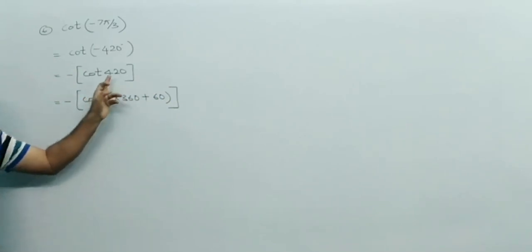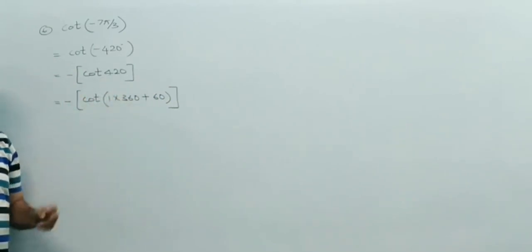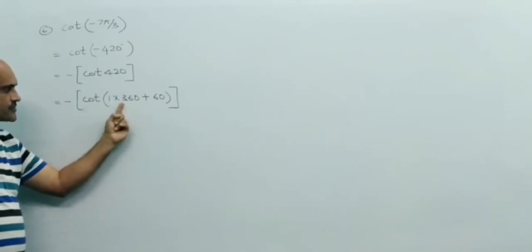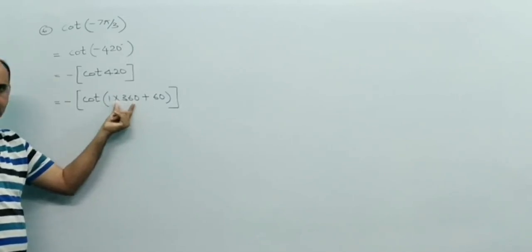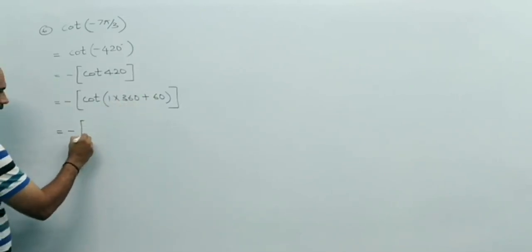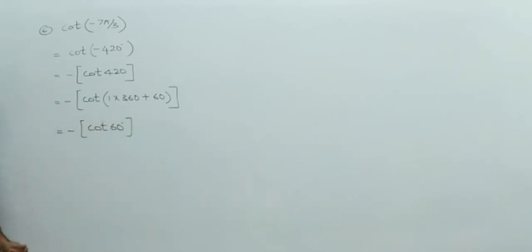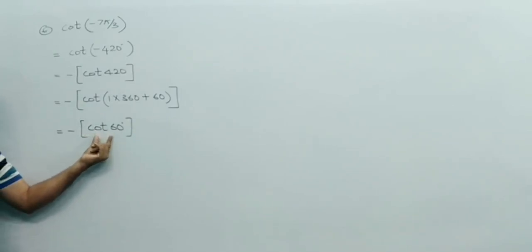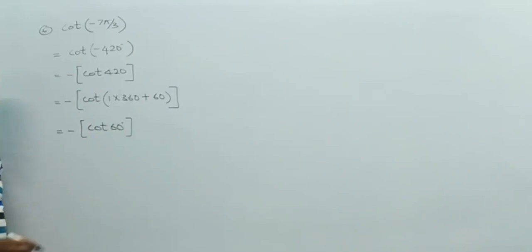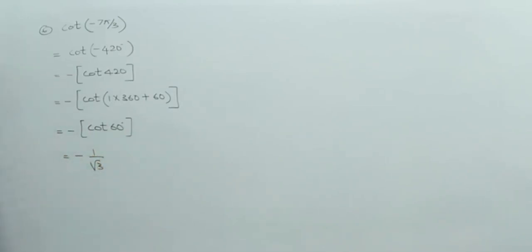In our method this term goes, 1 into 360 you leave it. What remains? 60. So you will have minus cot 60. Now substitute the value of cot 60. Tan 60 is root 3, cot 60 is 1 by root 3. So minus 1 by root 3.